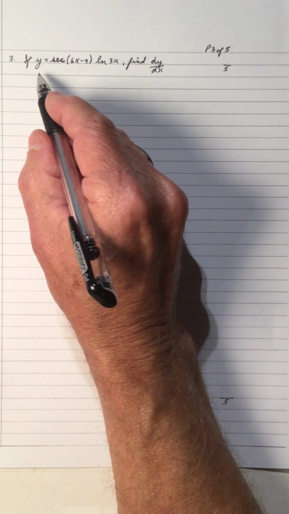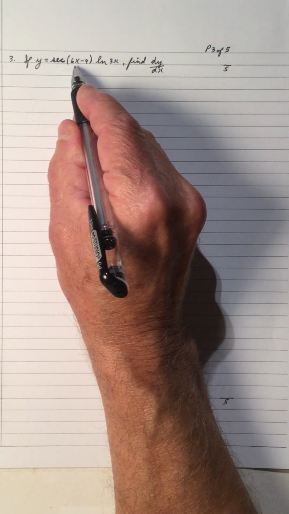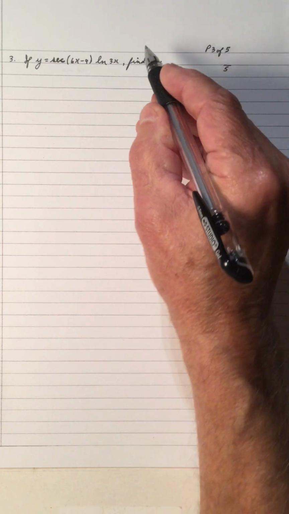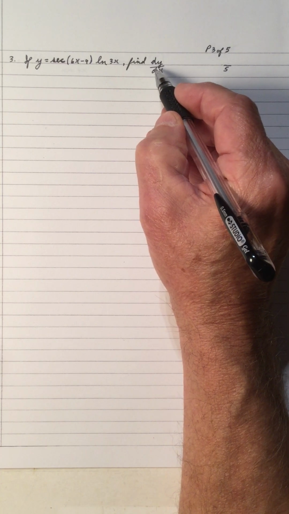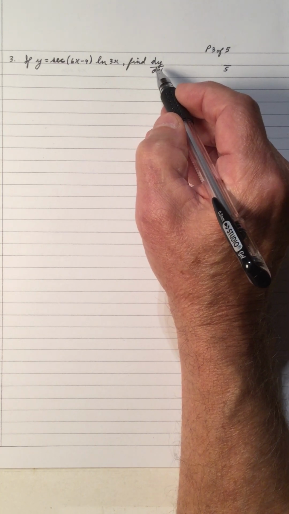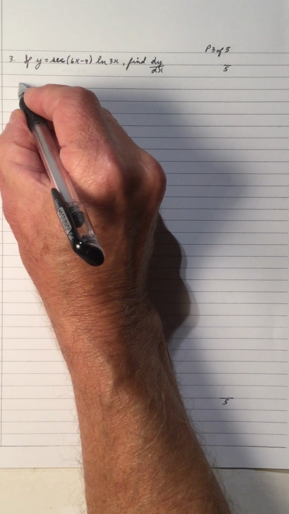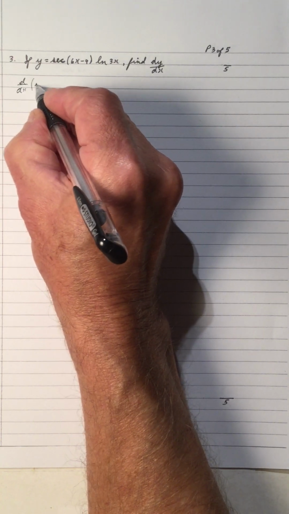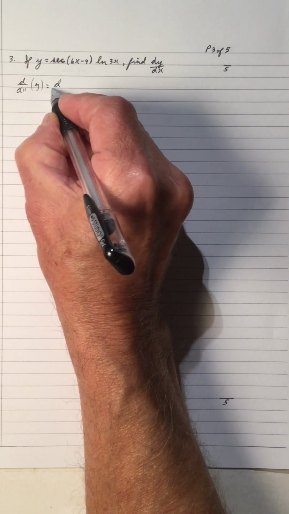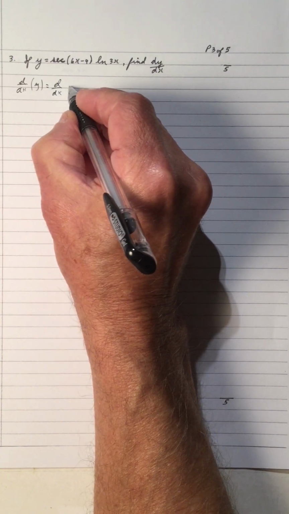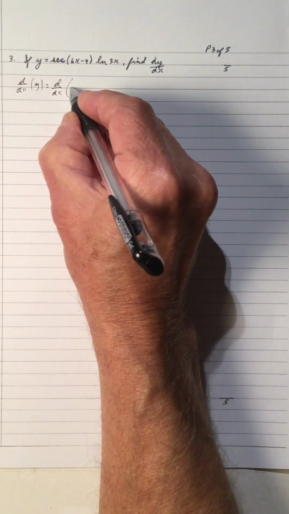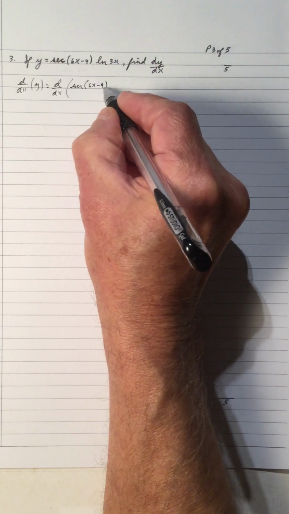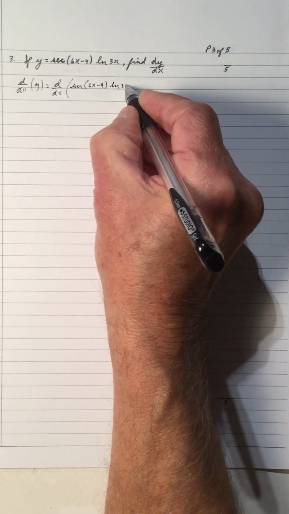Number 3, if y equals secant of 6x minus 9 and the ln of 3x, find dy dx. Well, dy dx is the d dx on the y, and it's the d dx on all of this, which is secant of 6x minus 9 ln 3x.